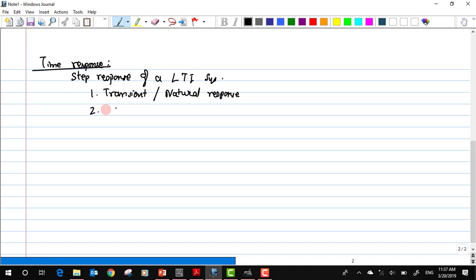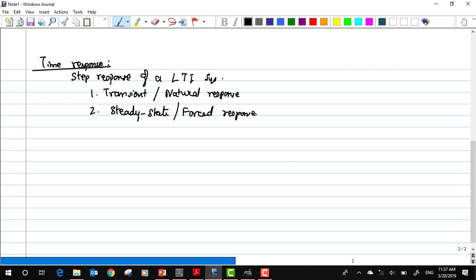And the second component is the steady state or forced response. This we have already studied: the time response for a step input will have two components, the natural response and the forced response, but I just want to emphasize this for the first order as well as for the second order.